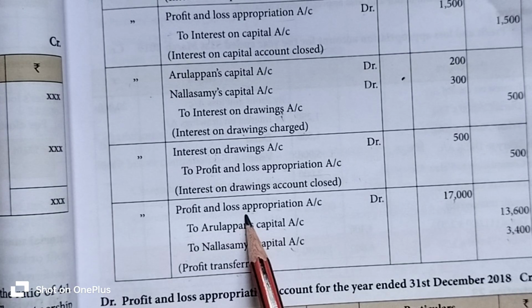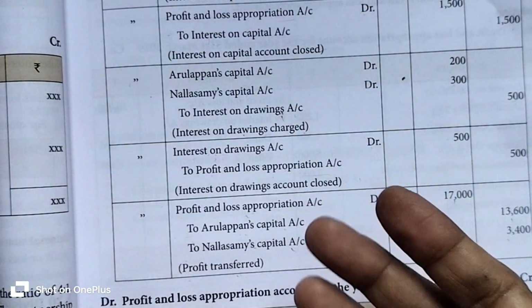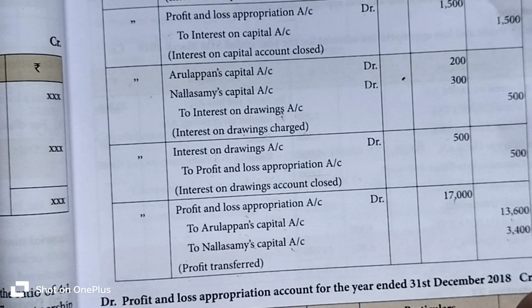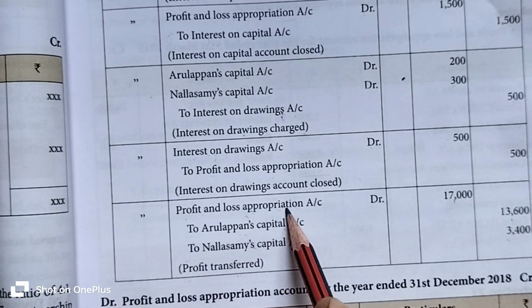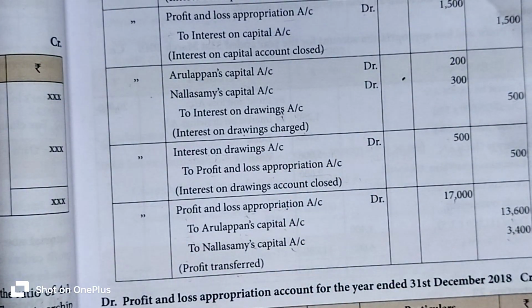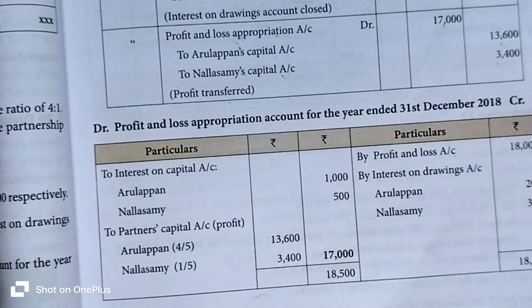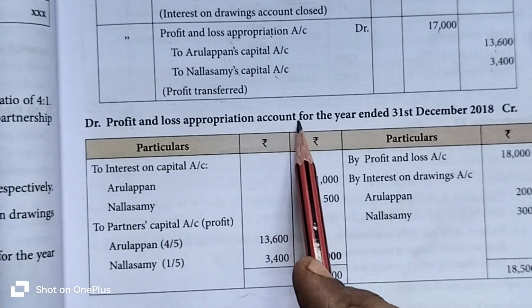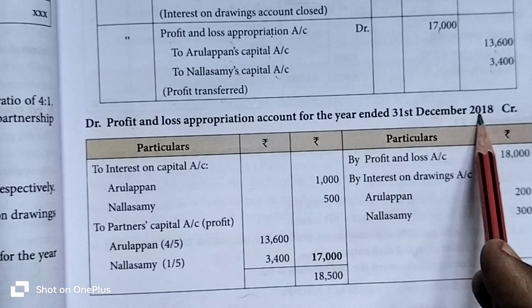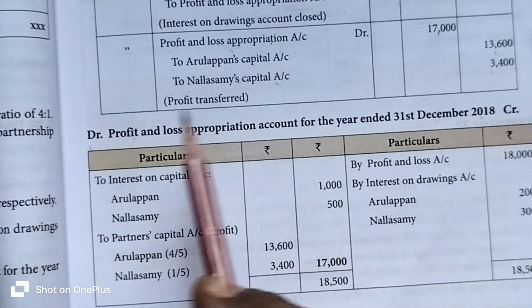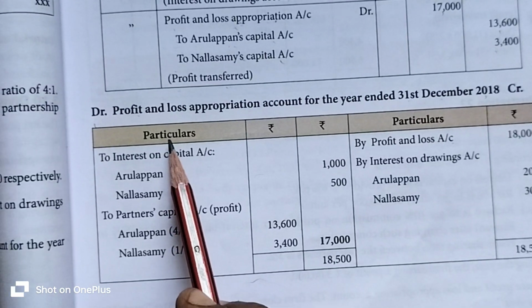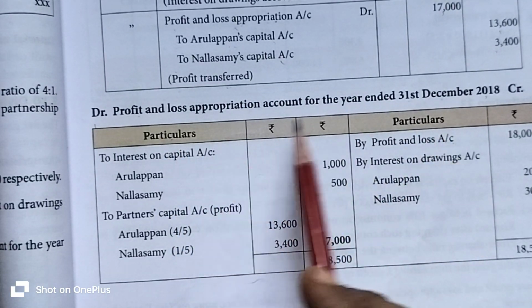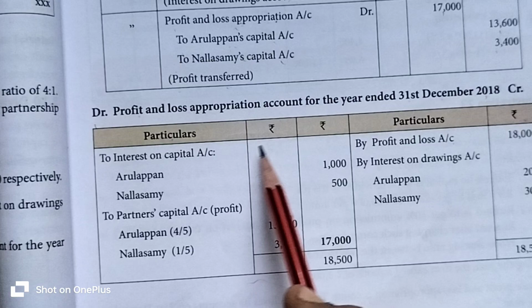So we have to prepare the ledger account for the profit and loss appropriation account, from journal to ledger. So we have to write the heading, that is, profit and loss appropriation account for the year ended 31st December 2018, debit and credit. The format is particulars on both sides, with amount columns also created.